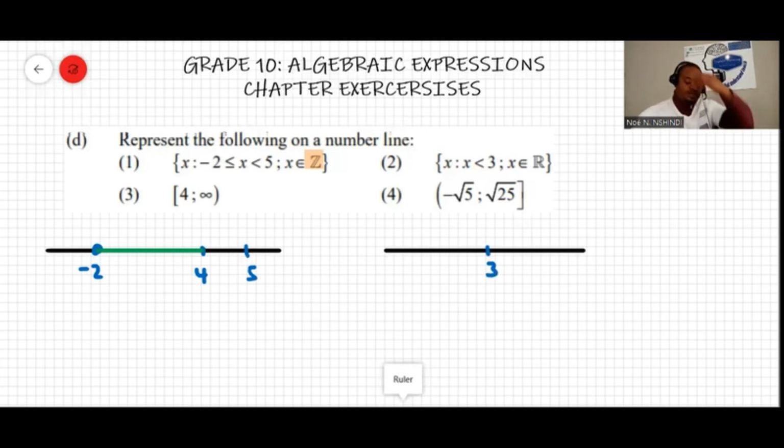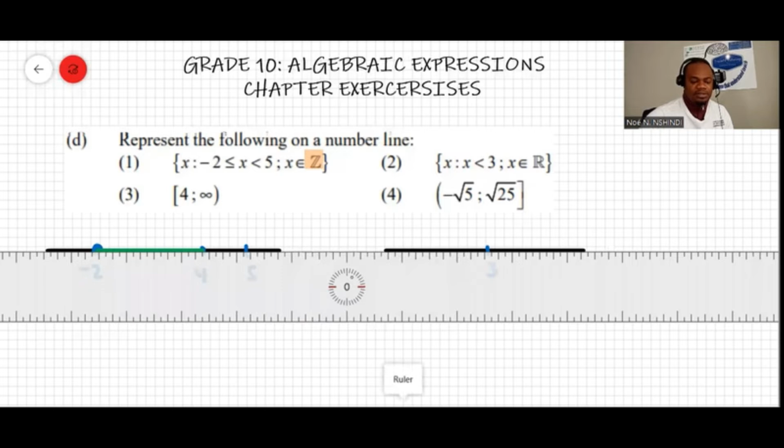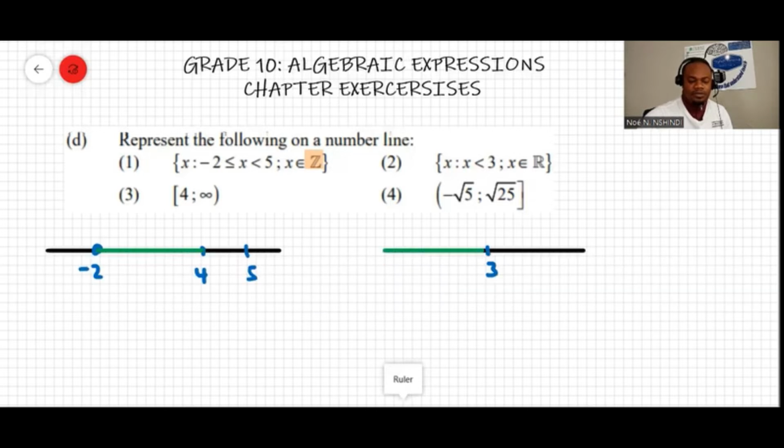And then it is said x is lesser than 3, so this arrow goes from 3, it goes like this. And the fact that it is said that it's lesser than, not lesser than or equal, I must put an open circle over here.